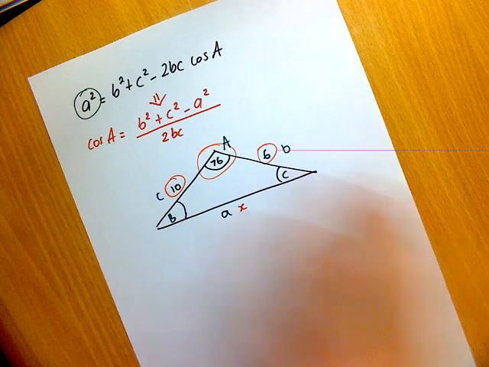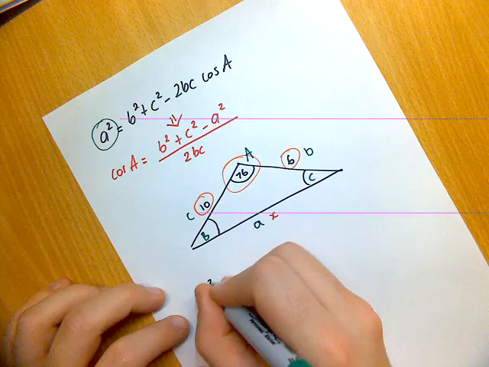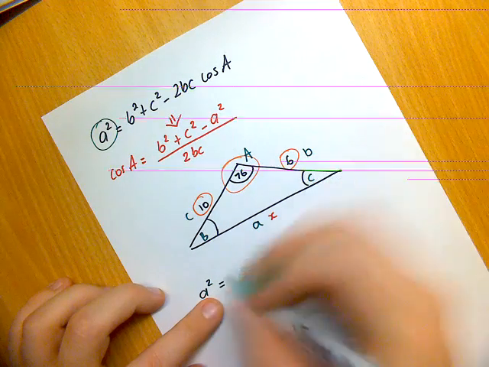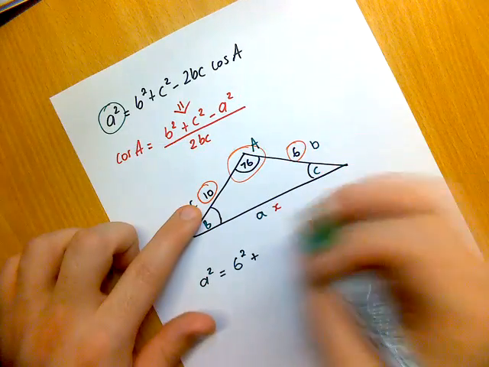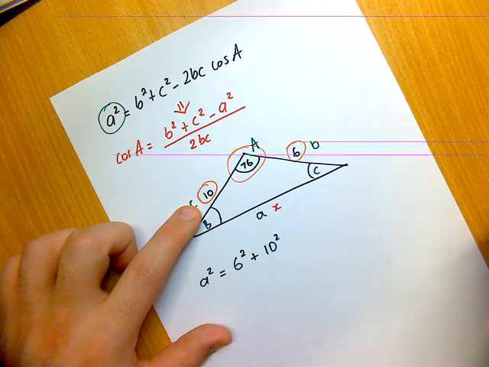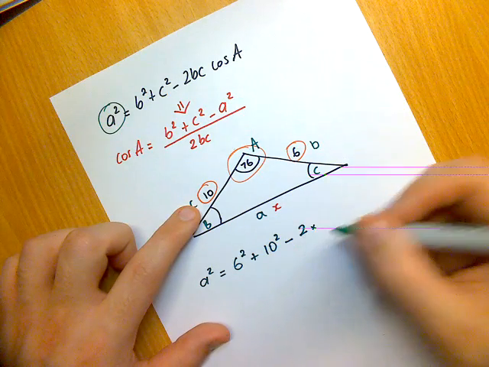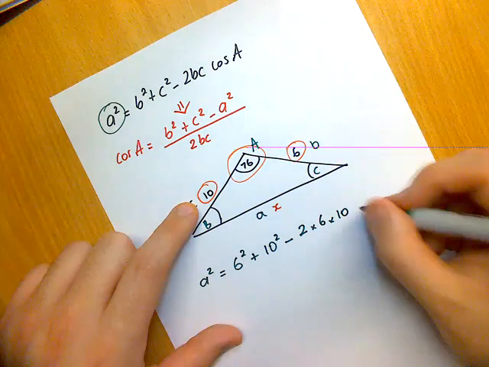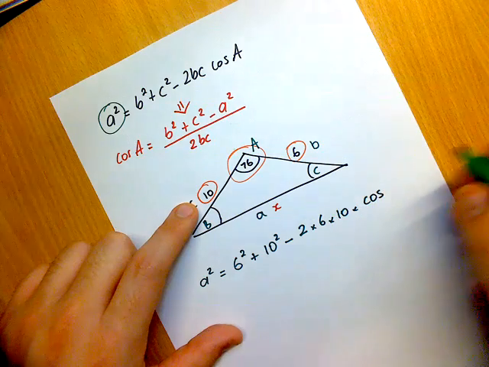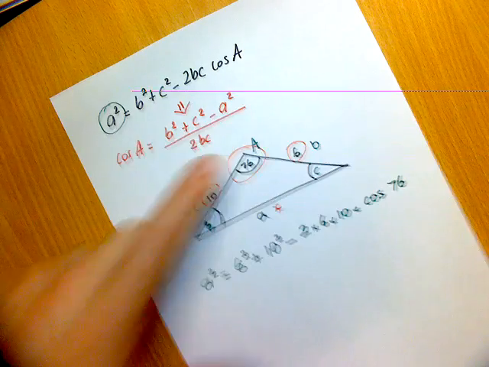So now I have all my sides labeled. All I need to do now is substitute those values into my equation. So I have a squared, which I don't know yet. So a squared equals b squared, which is going to be this 6 squared, plus c squared, which will be this 10 squared, minus 2 times b, which is 6, times c, which is 10, times the cosine of A, which we already have here, which is 76.